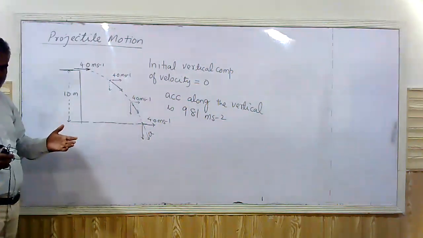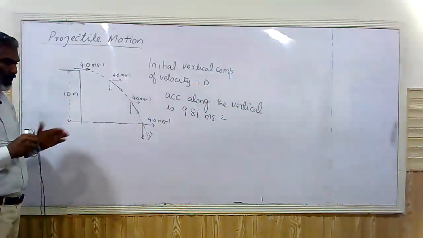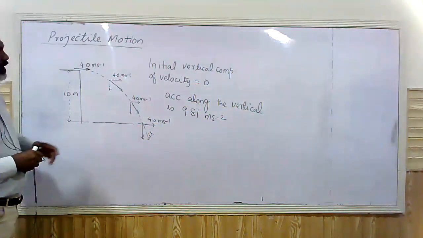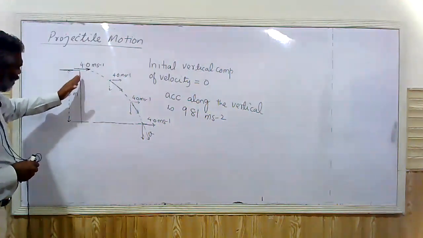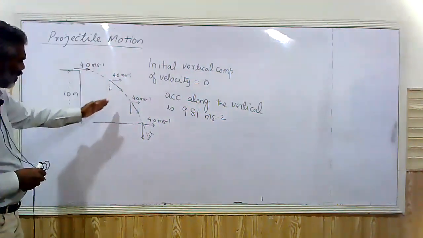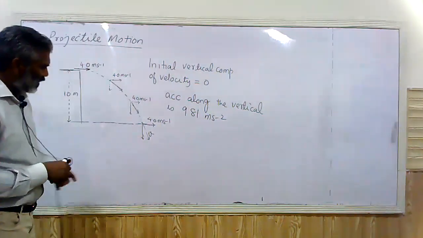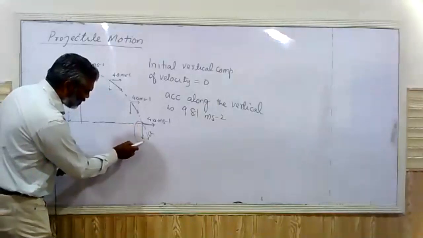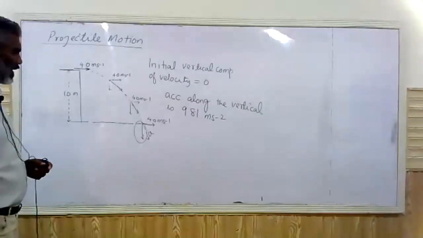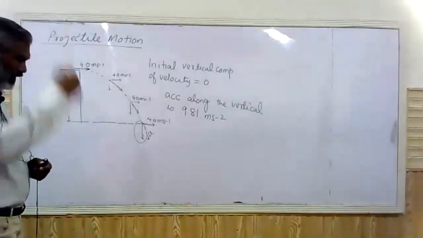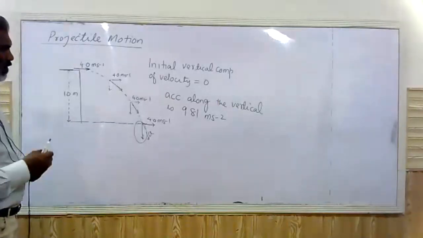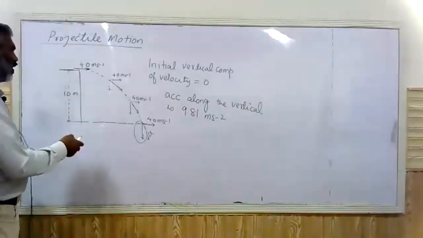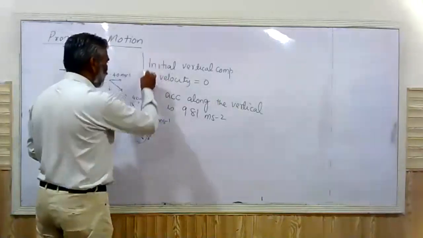having two components and treat the two components independently of each other, I mean the vertical component can have its own rate of increasing. So if I want to calculate the vertical component of velocity with which it hit the ground, I can apply the first equation of motion on this situation alone.